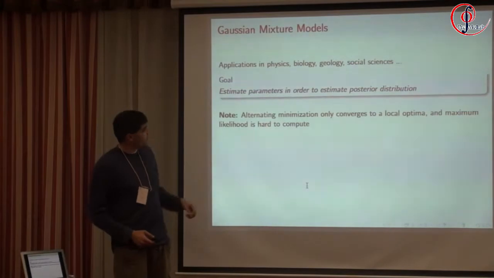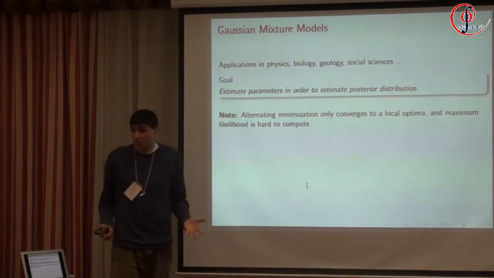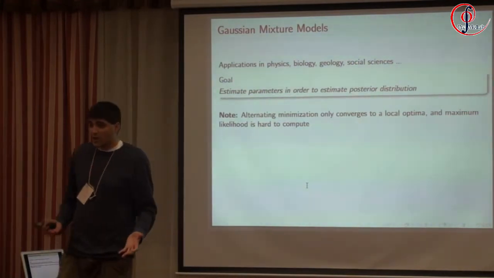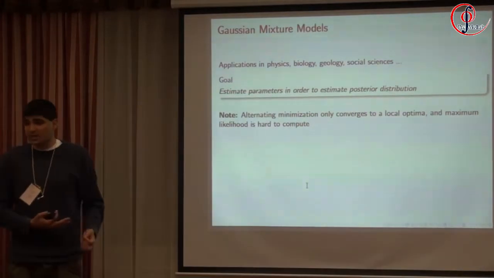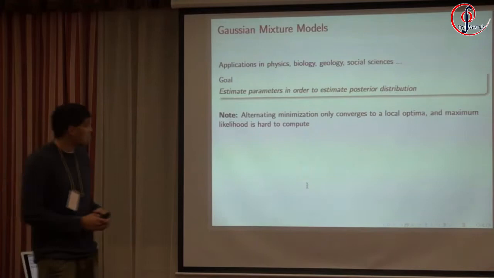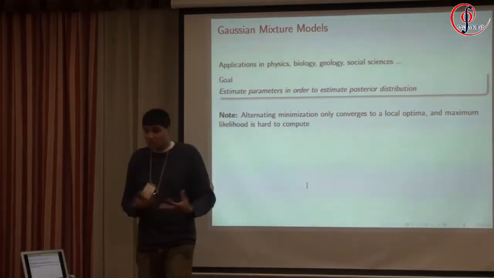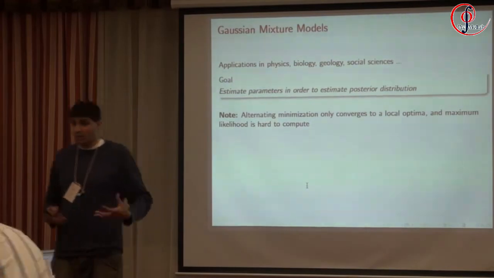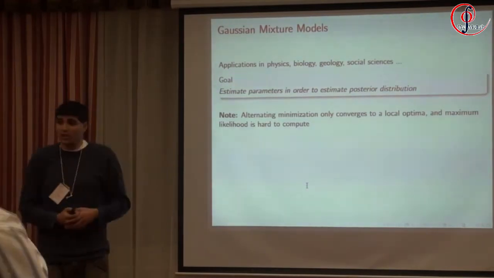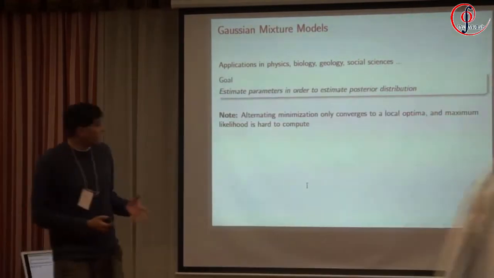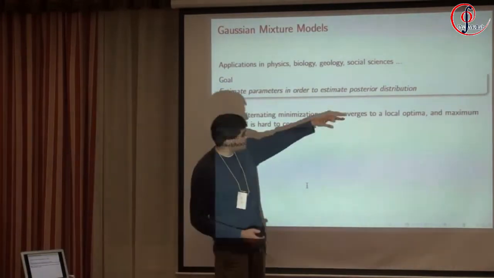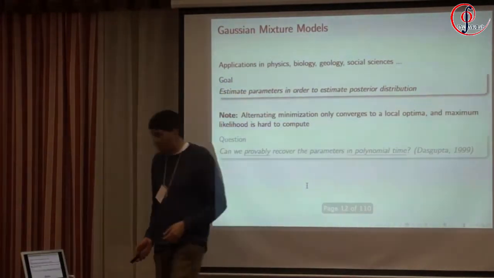But the issue is that these estimators are computationally hard. So when you actually talk about an algorithm trying to compute these estimators, the best known algorithms run in exponential time. Or you can talk about things like the EM algorithm, which can be implemented efficiently, but they have the trouble that they don't actually have any guarantees. They can and do get stuck in local optima, so they don't necessarily recover the true parameters.